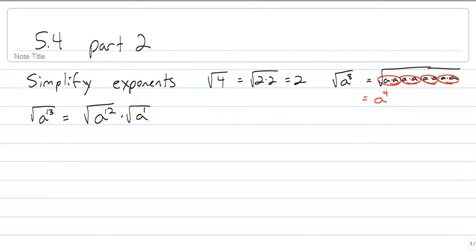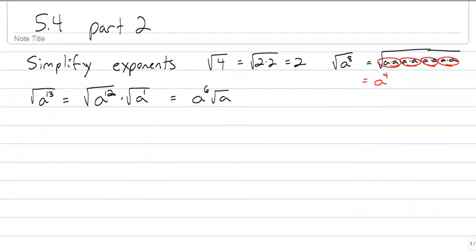This is the same thing. I broke out 1 a to make this one even. And now that this is an even number, you can divide the 12 by 2 and say that that just becomes a to the 6th, and we still have a root a left. So that's how you simplify exponents with variables when you're taking the square root of them.